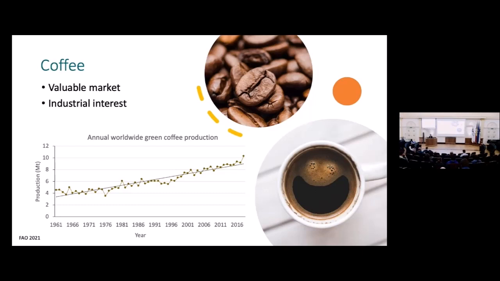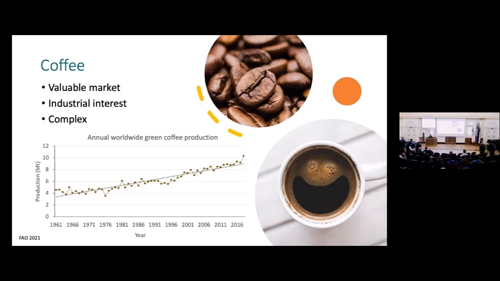It's also of really high interest for industry, and so it's really interesting to learn more about coffee in general in order to avoid fraud and adulteration during export, for instance, and to support customs control. It also is a very complex matrix, with more than 1,000 volatile compounds estimated.